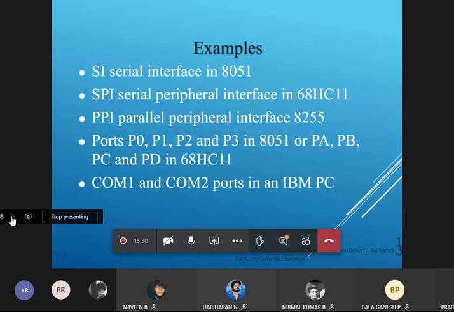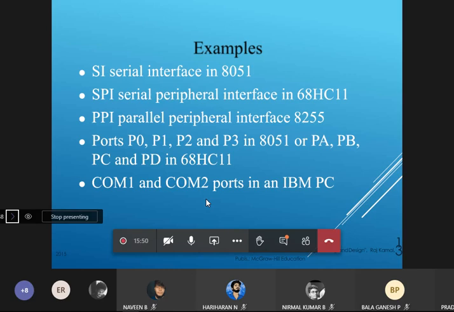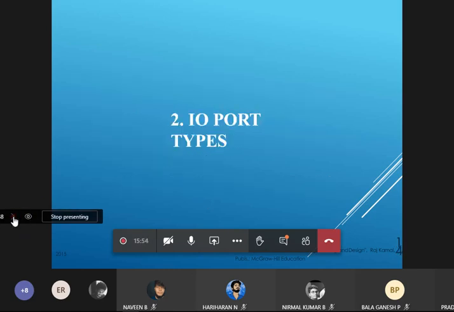These ports are connected using the serial interface or serial peripheral interface. In IBM, they have communication port 1 and 2. Nowadays on laptops, the communication ports are represented as COM1 and COM2. These are just examples of what ports are available and how they communicate.